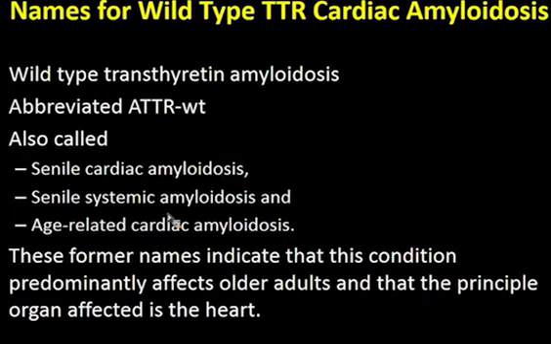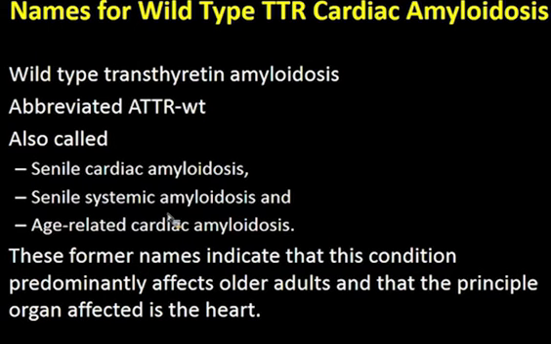Wild-type transthyretin amyloidosis has had various names over the years, and that sometimes leads to confusion. I mentioned why it's called the wild-type form because the protein is normal, and it's usually abbreviated as ATTR wild-type or WT. It's also been called in the past senile cardiac amyloid because patients who experience this condition are often older adults.